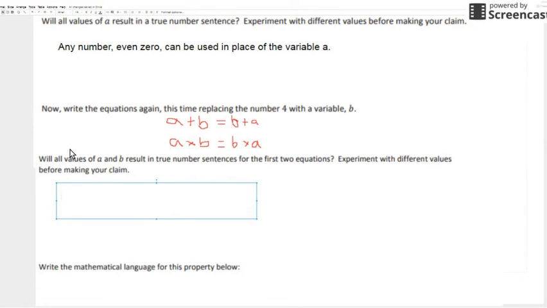So can you think of anything that doesn't work? And to be honest with you, I can't. So the question is, will all values of a and b result in a true number sentence? And the answer is yes.